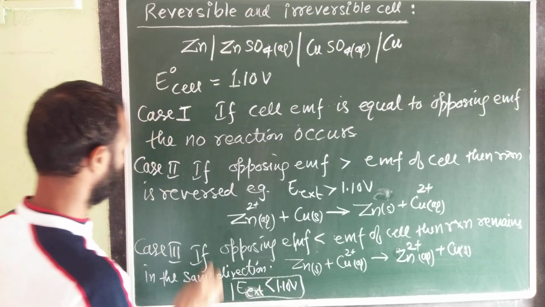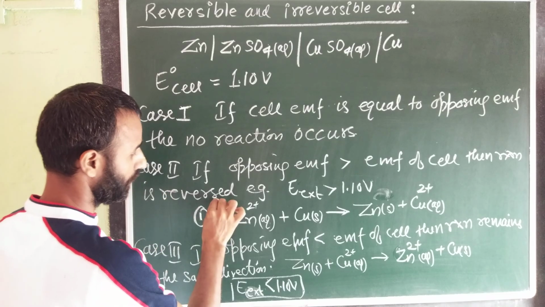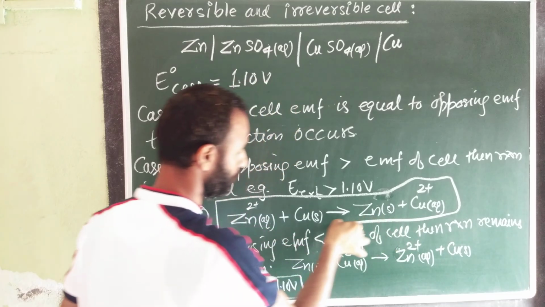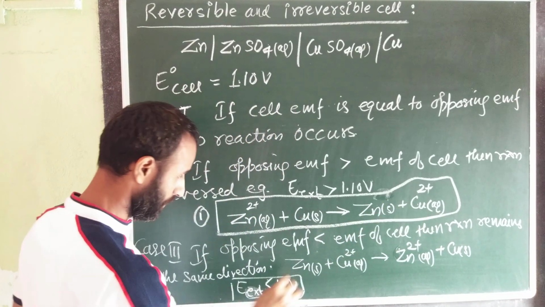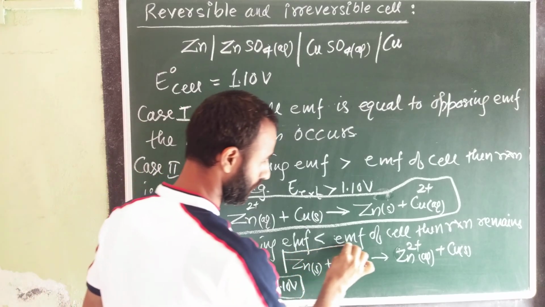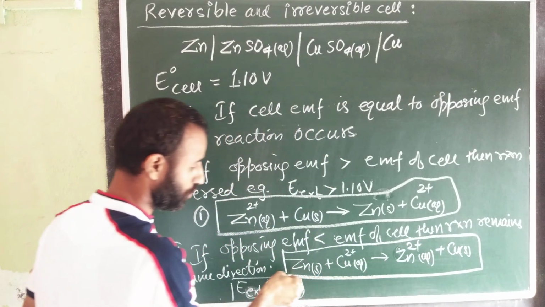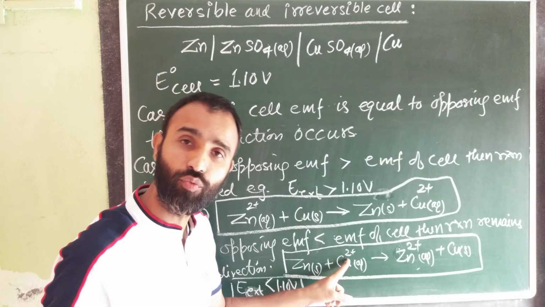Now you can see in case 2, zinc 2 plus to zinc, copper to copper 2 plus, and here zinc to zinc 2 plus, copper 2 plus to copper. That means reactions are just reversed.